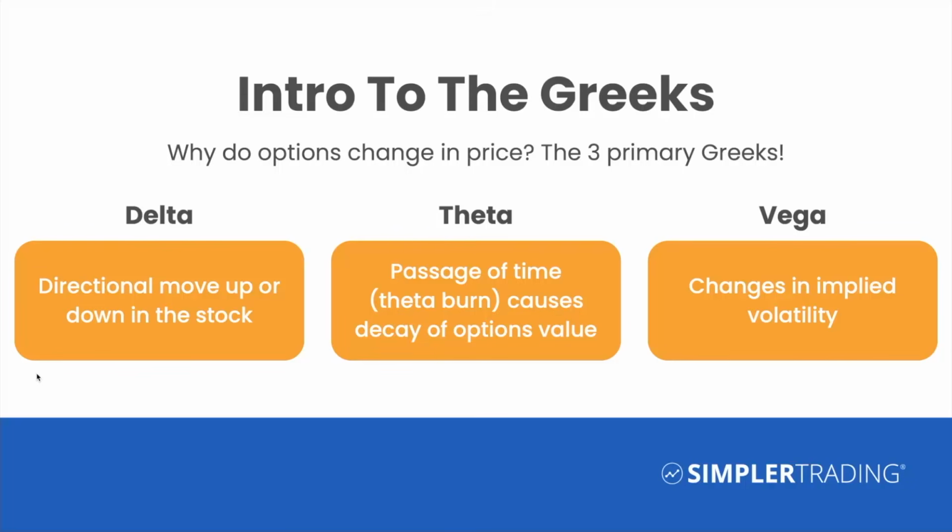As time progresses, theta is how much the options contract is losing every day. Keep in mind that if you have a call or a put, you are constantly facing theta, meaning that each day that passes, a little bit of the value of the option decays, which increases as you get closer to expiration. The last major Greek we care about here is vega, or changes in implied volatility.